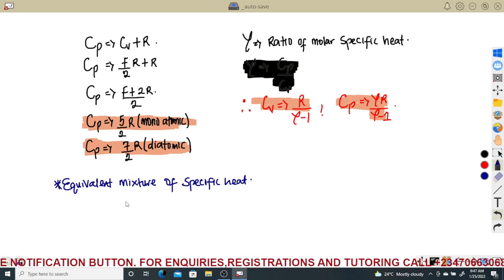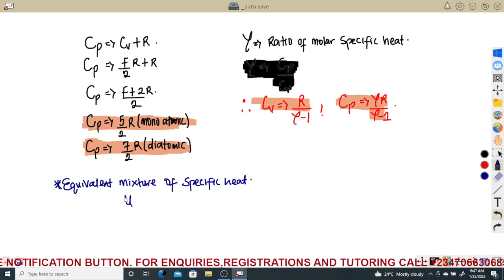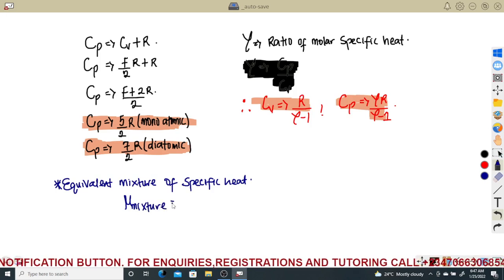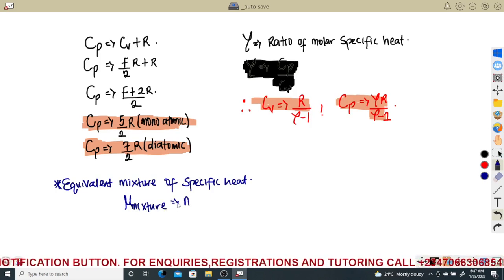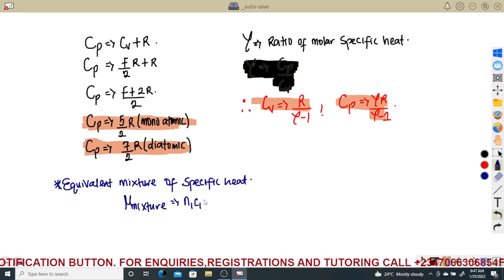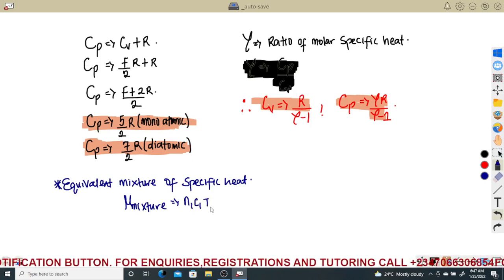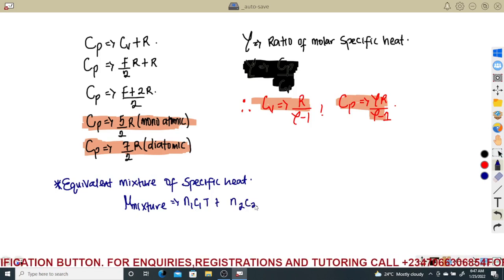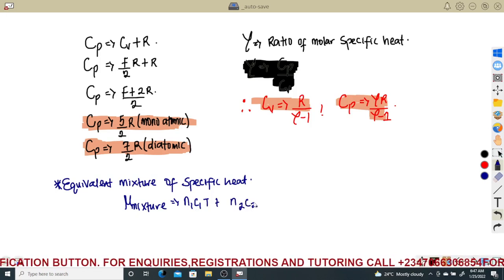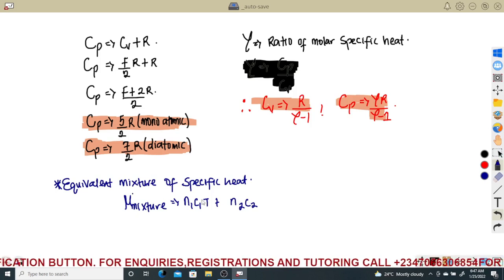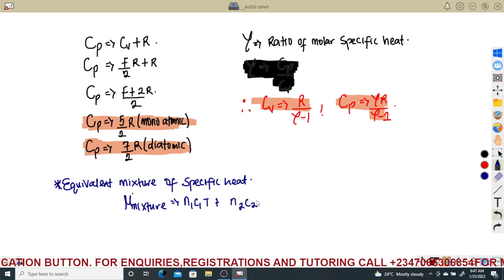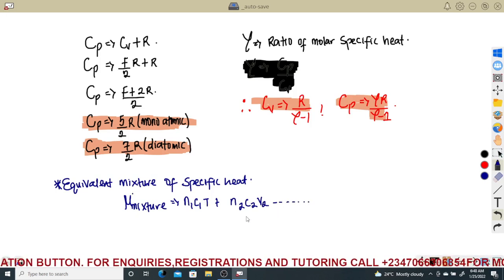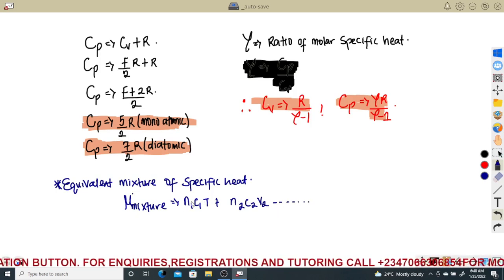If we are mixing the internal energy of a system, we have n1 C1 T1 plus n2 C2 T2, that is n1 C1v T1 plus n2 C2v T2, and so on.